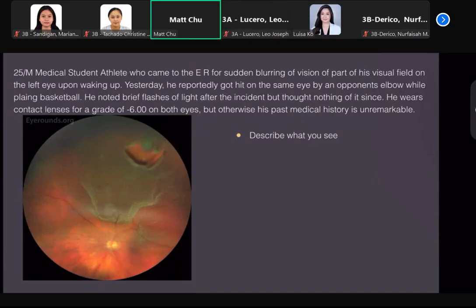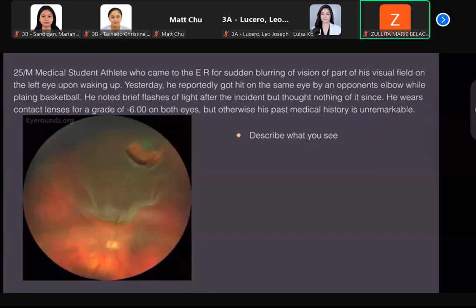Left eye, yes, because the case already says it's the left eye. Also, your optic nerve is pointed nasally, so this is the left eye. Seen through clear media, right? Still clear, you would agree?